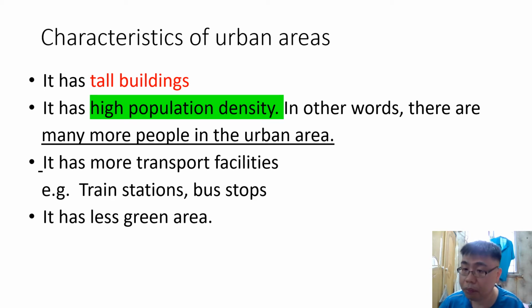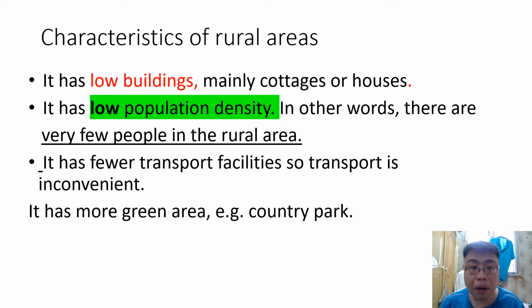How about rural areas? It has low buildings, and the buildings are mainly cottages and houses. And the main point is it has low population density. That means there are very few people in the rural area.